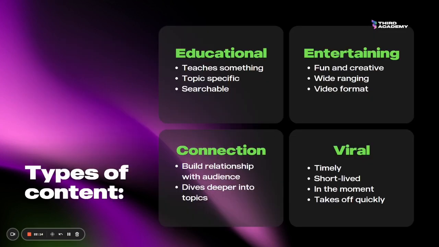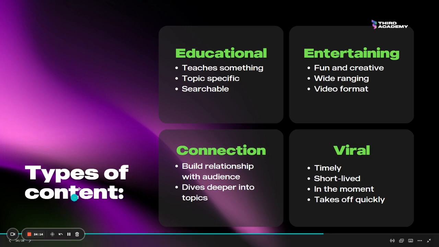So what are the different types of content that you can start creating on social media? Well, there's educational, entertaining, connection-based, and viral. Educational content obviously teaches you about something. It is usually topic specific, and it is usually highly searchable, because people are just searching to learn about something. So creating educational content, you just want to keep that in mind, that it will be searchable content.